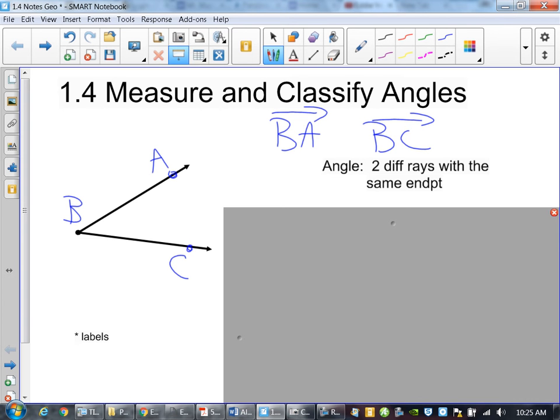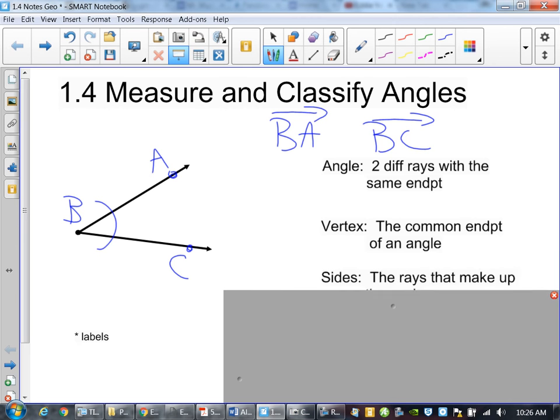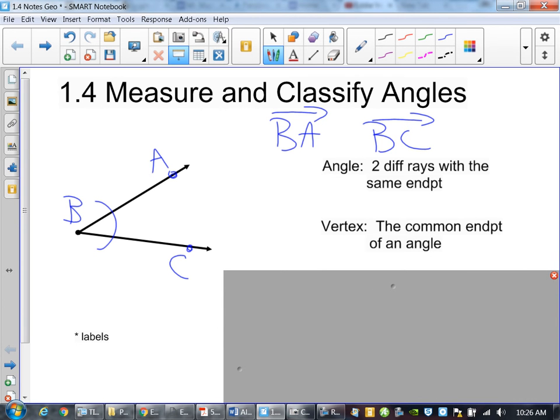In this case here, what's the common endpoint that they have? B. That common endpoint where the rays change direction, this spot right here, is called the vertex. The common endpoint of an angle is the vertex. It's where the rays change direction.